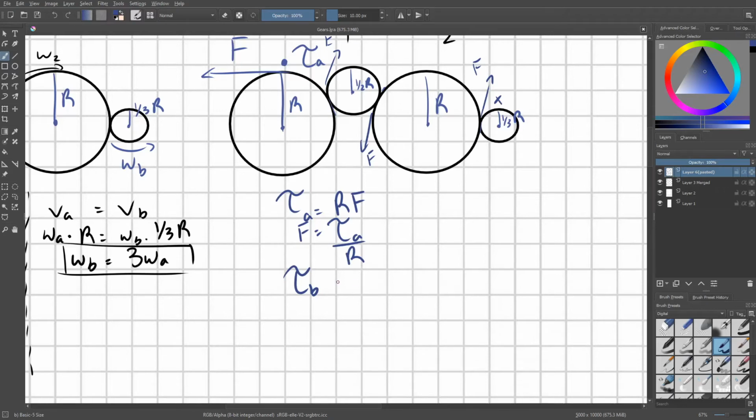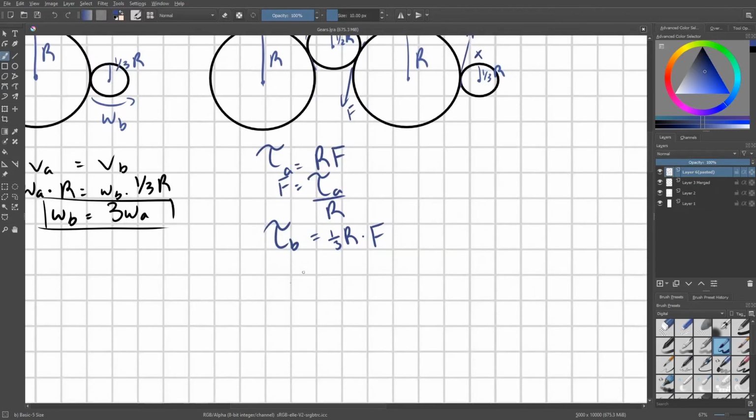So TB equals 1/3 R times F. And we just said F is TA over R. So TB equals 1/3 R times TA over R, which is simply 1/3 TA.